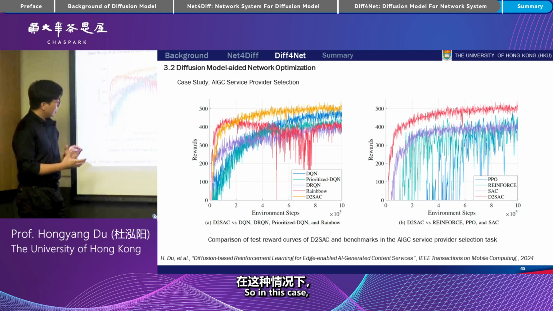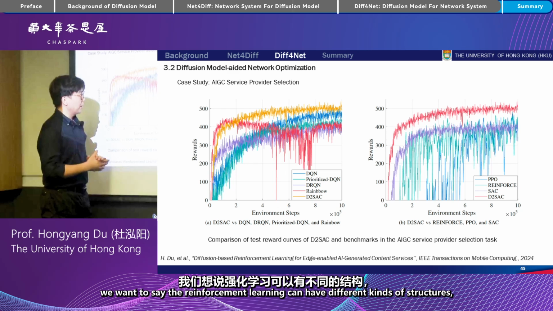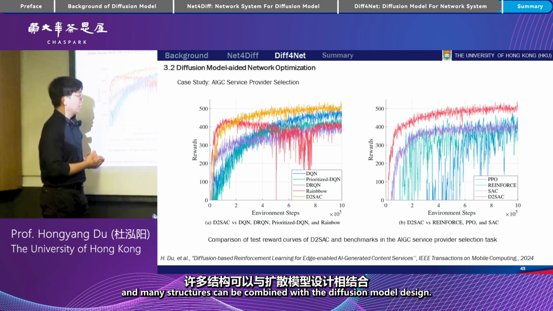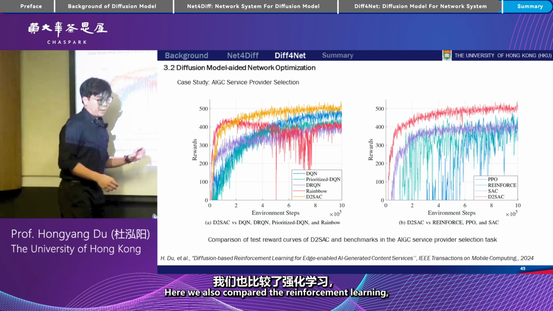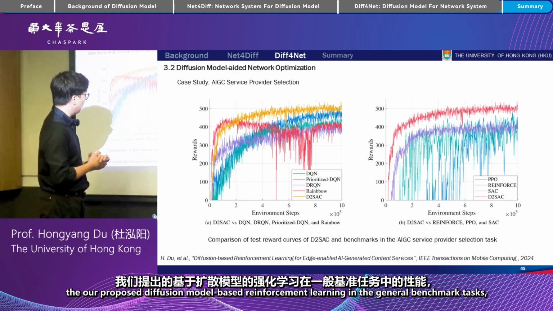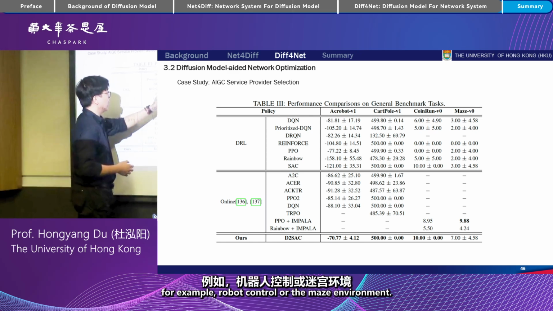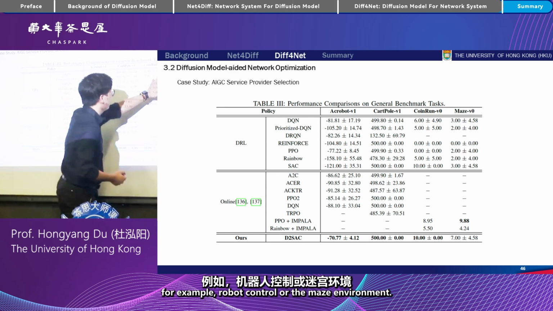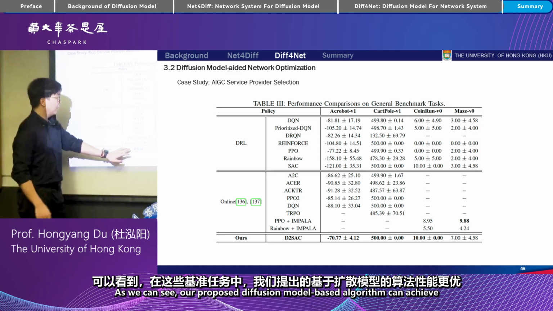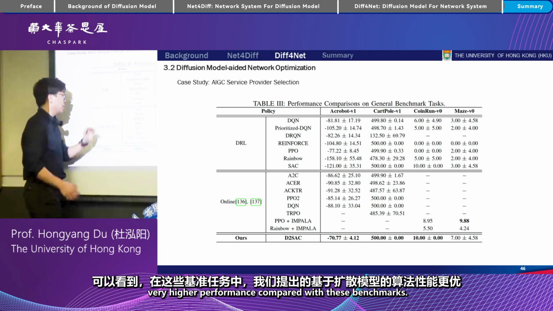So in this case, we want to say reinforcement learning can have different kinds of structures, and many structures can be combined with the diffusion model design. Here, we also compared our proposed diffusion model-based reinforcement learning on general benchmark tasks, for example, robot control or the maze environment. As we can see, our proposed diffusion model-based algorithm can achieve a very high performance compared with these benchmarks.